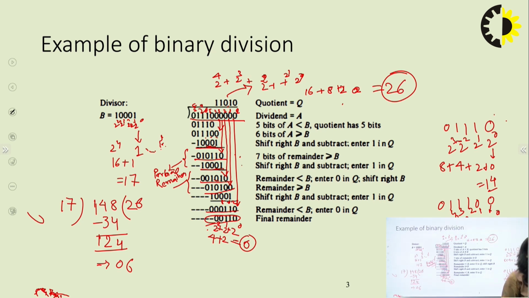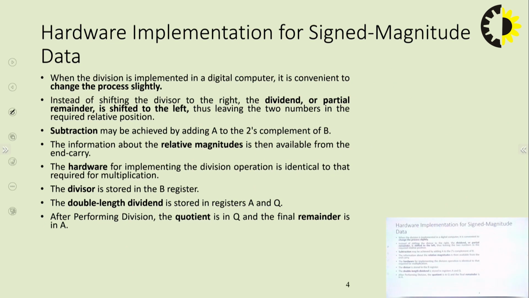Now, how does our computer or processor perform this binary division in its ALU part? Here is the hardware implementation for signed magnitude data, where sign means it has sign plus and minus.